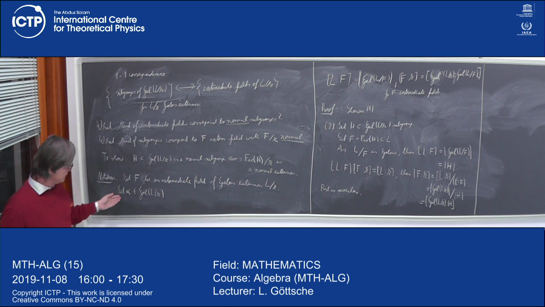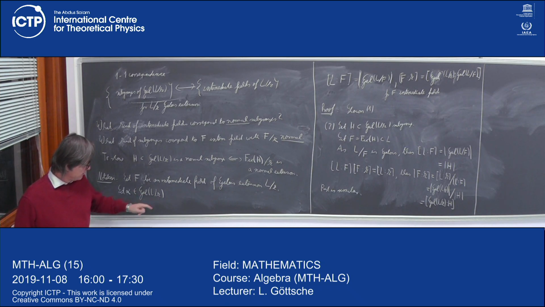So we can ask ourselves, what does this do to elements in F? Or more generally, does this map F into itself? If it is an element in the Galois group of L over F, then it will map every element of F to itself. But we could also ask ourselves just whether it sends F to itself.